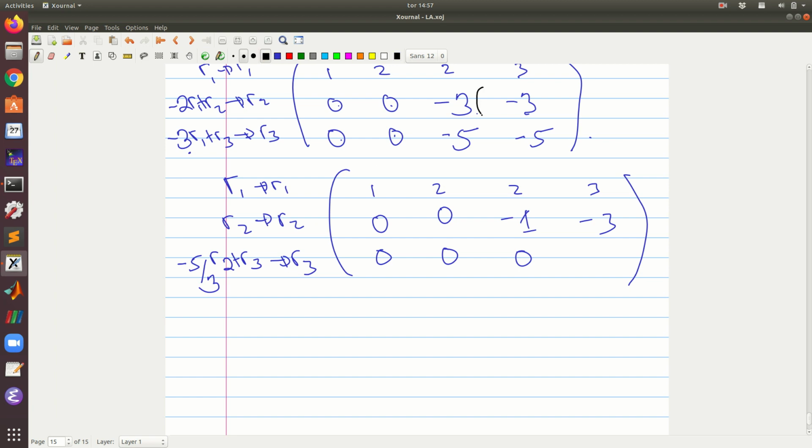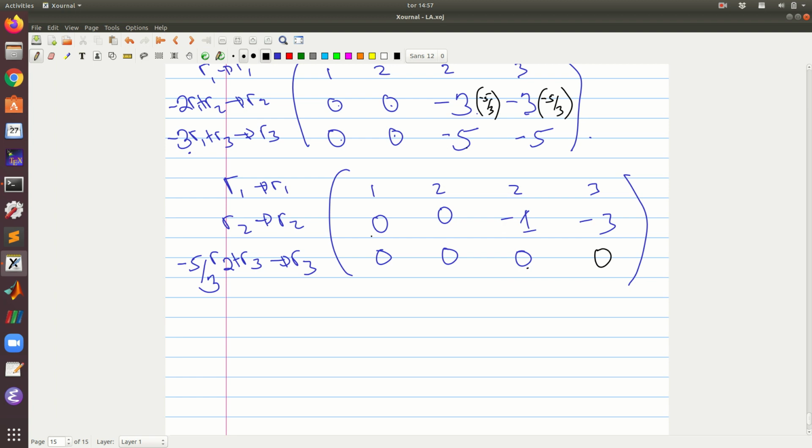So when we multiply by negative 5 divided by 3, what do we get? Yes, we get a positive 5, and then add to negative 5, we get a 0. Okay, that's fine. And then we'll also get a 0 here, and then a 0 here.